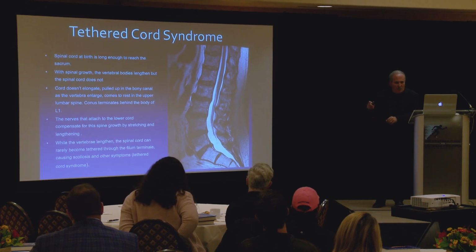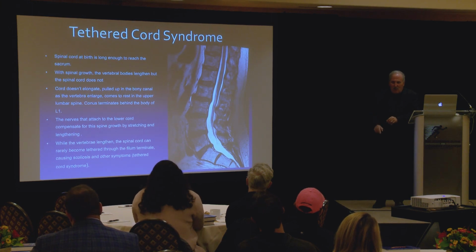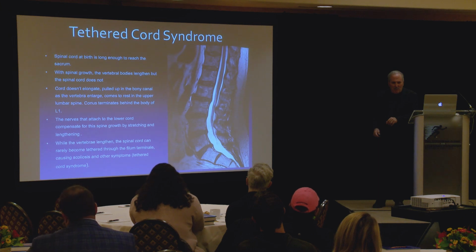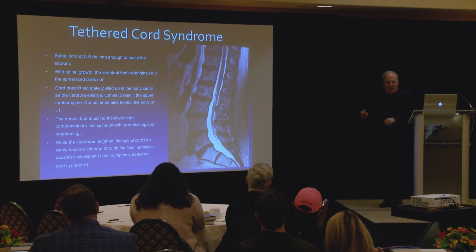But you remember that structure at the very end of the spinal cord: there's a filamentous structure at the very base of the spinal cord at the conus that can create a tether, the filum terminale. If the filum terminale for some reason is too strong, the cord will not fully pull all the way up into L1, and this is a tethered cord syndrome.